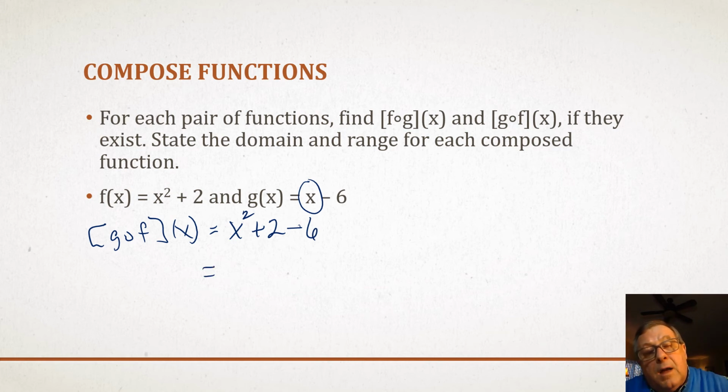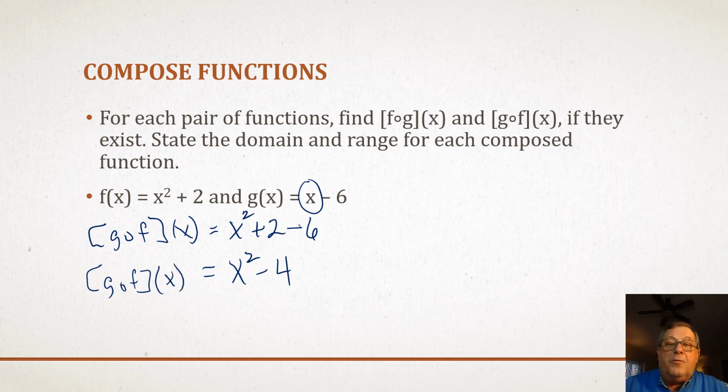And we get to combine like terms, and so we've got x squared minus 4 is g of f of x. Well, let's just take the time to write it. Most of the time on my worksheets I don't, but for your benefit I will.